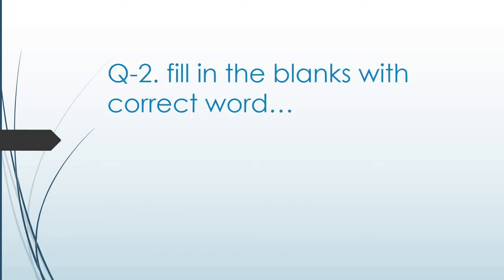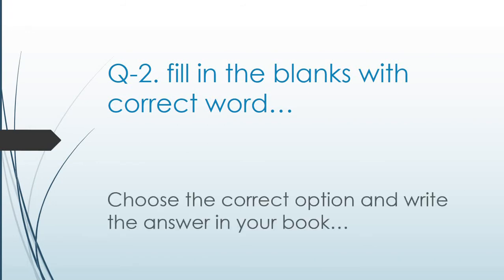Now students, if you have finished writing question number 1, either on the same page leaving one line or on another page, give the heading question 2. Please don't write anything else, just write question 2. So fill in the blanks with the correct word. So choose the correct option and write the answer in your books, please.